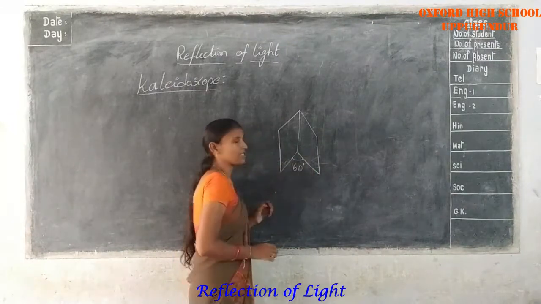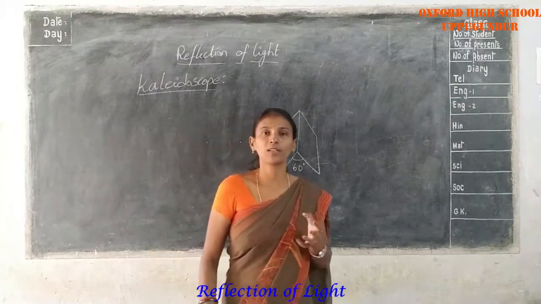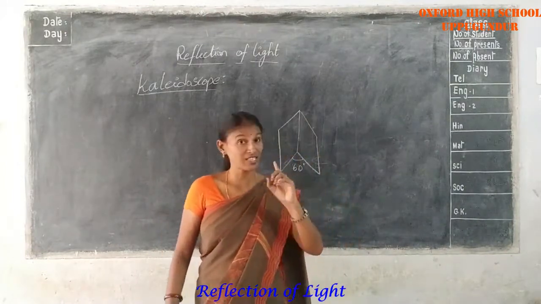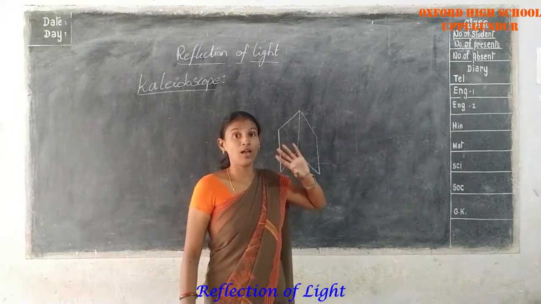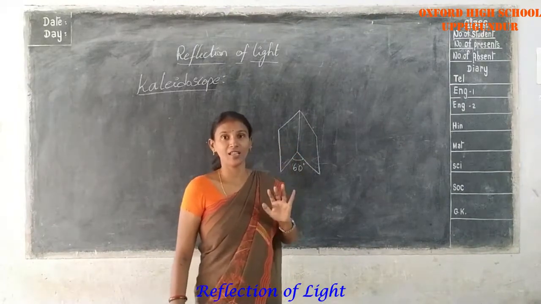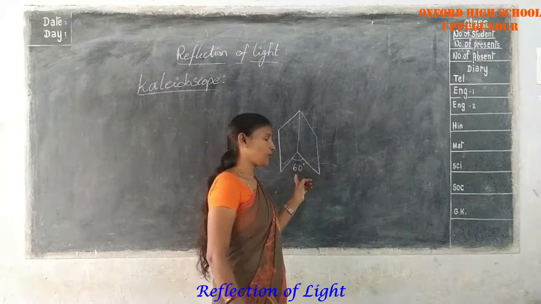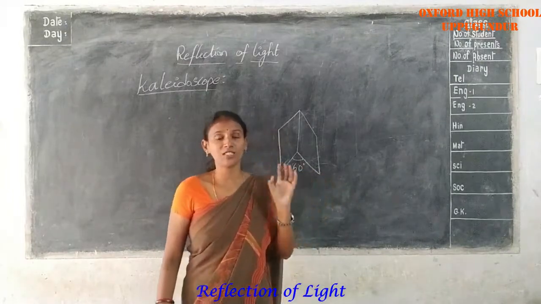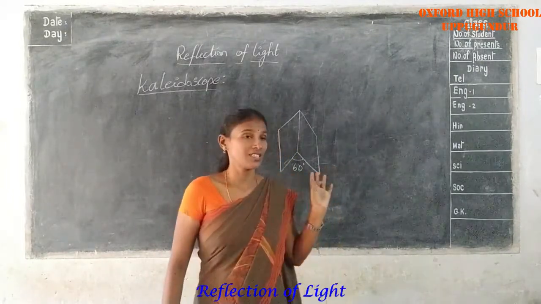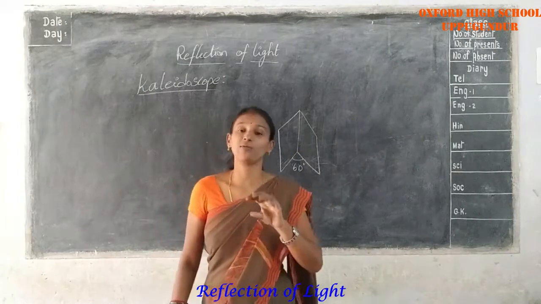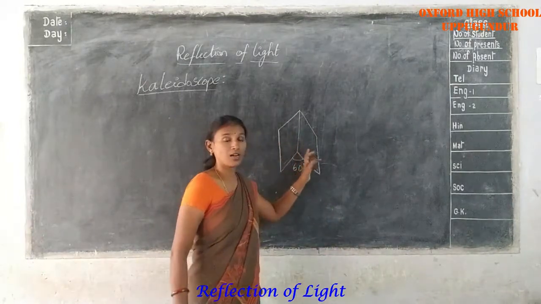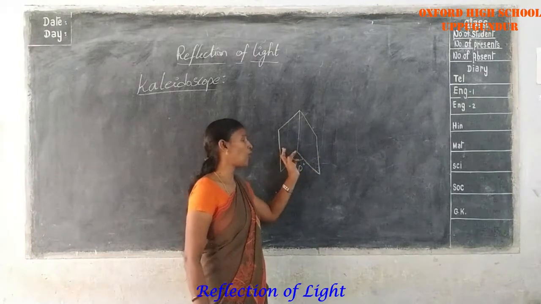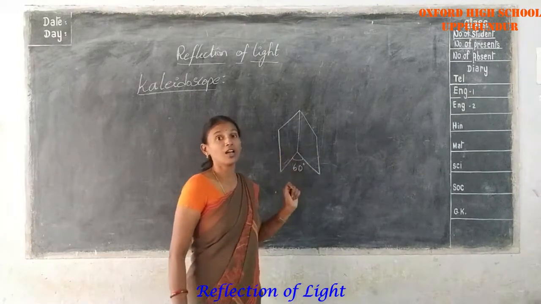How many images are formed? Five images, but you are taking the same two mirrors only. Here we changed the angle. So for 90 degrees, three images are formed, and for 60 degrees, five images are formed.